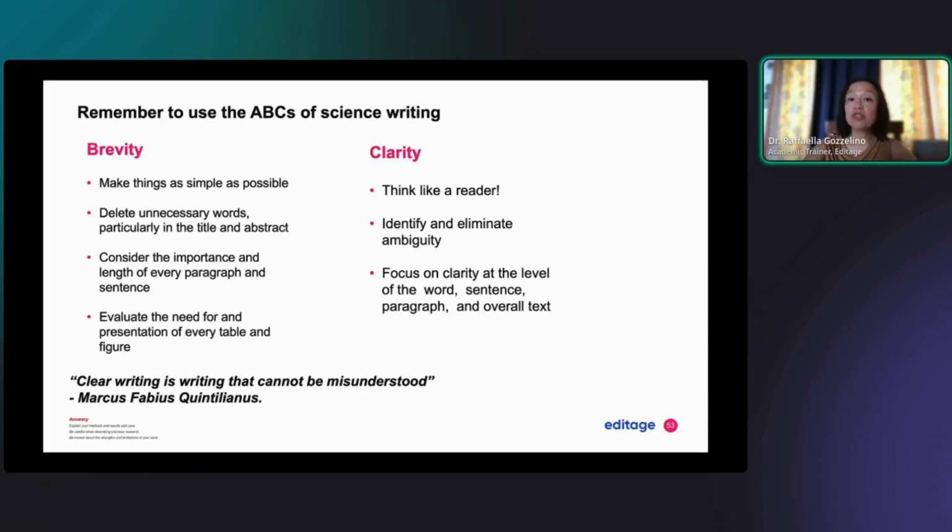And in terms of clarity, try to think as a reader, capturing your own attention, and identify and eliminate every ambiguity that your manuscript might have, focusing also on clarity at the level of word, sentence, paragraph, and the overall text. As Marcus Fabius Quintilianus was saying, clear writing is writing that cannot be misunderstood.